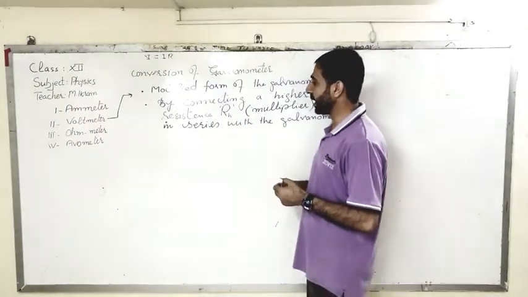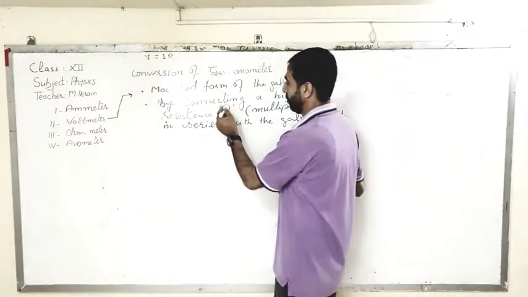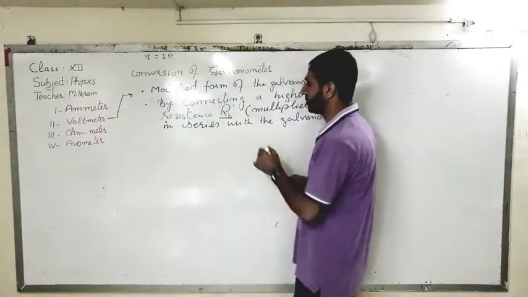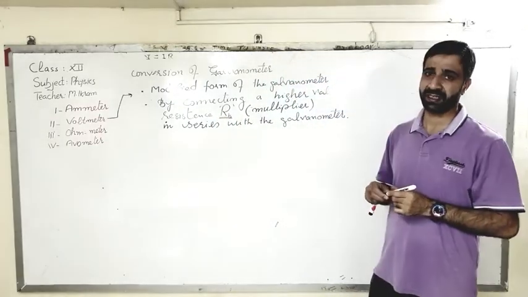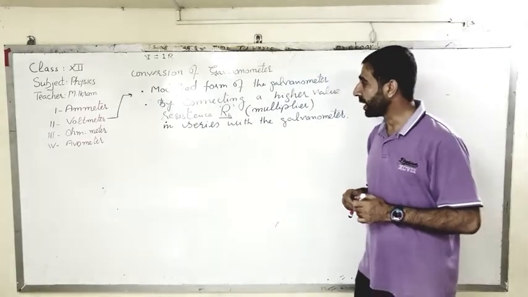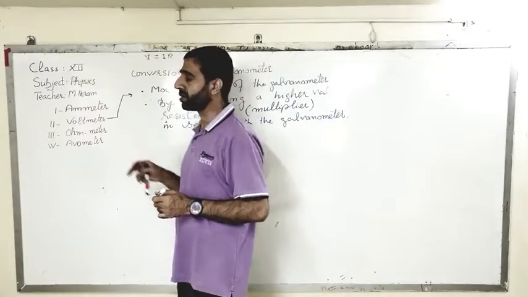Why in series? And the third question is, what will be the value of this RH? As you usually know, a good physics always starts and ends with questions. So these are the many questions which we will answer down the road.